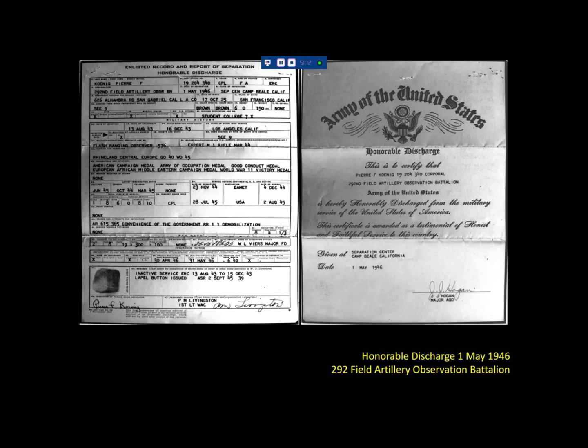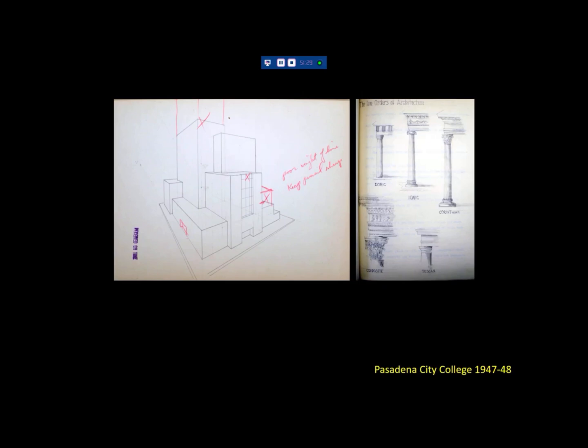So he needs an architectural education if he's going to be an architect. He goes to Pasadena City College, 1947 to 1948. He's taught how to draw the 5 architectural orders. He draws as a drawing exercise a sort of modern building, probably a bit Art Deco. His instructor doesn't like it.